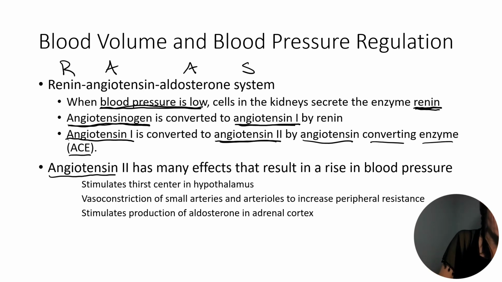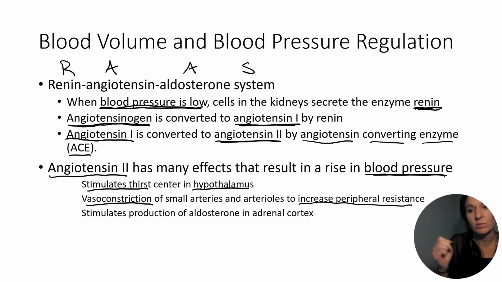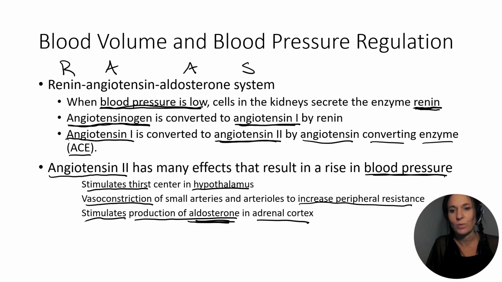And then angiotensin 2 is going to function to increase blood pressure. Angiotensin 2 can stimulate thirst in the hypothalamus, can cause vasoconstriction, which is going to increase resistance, which is going to increase blood pressure, and it's going to stimulate the production and release of aldosterone from the adrenal cortex.